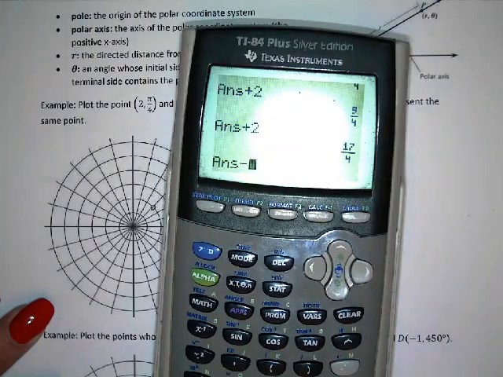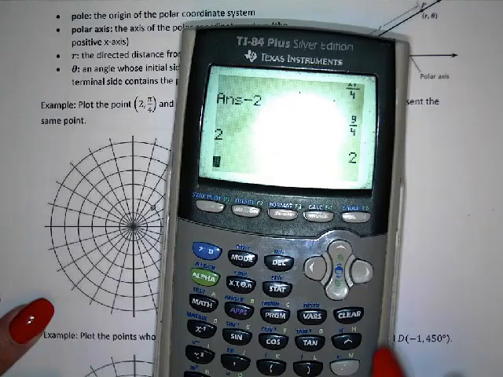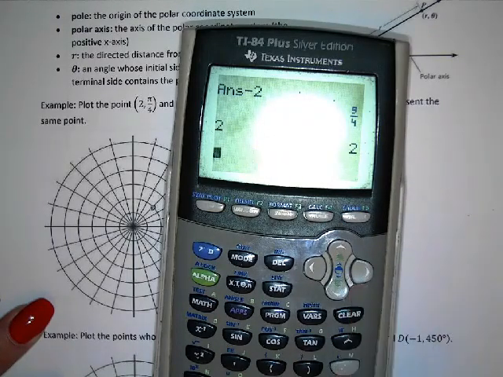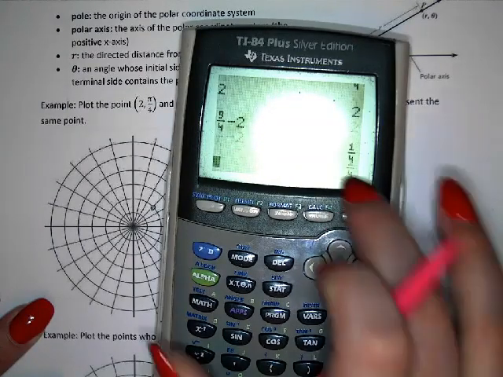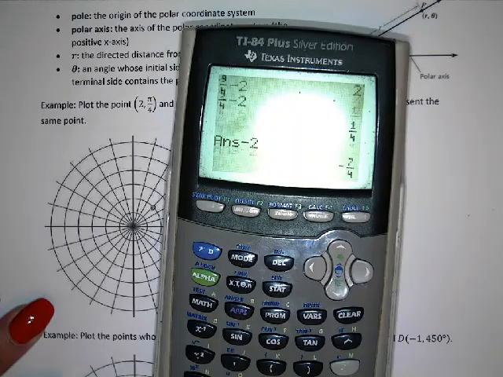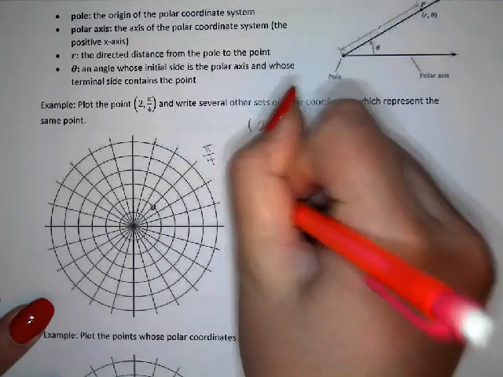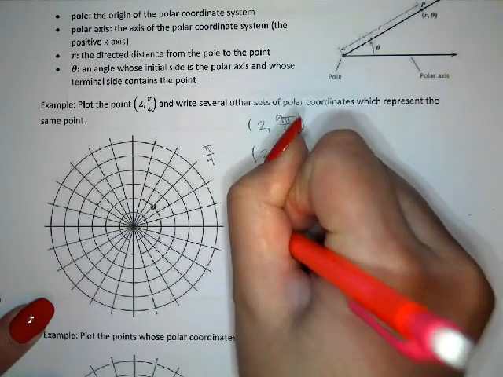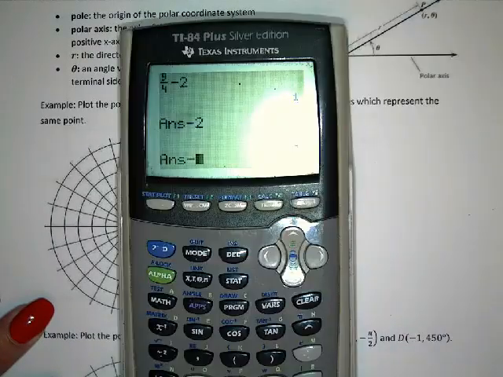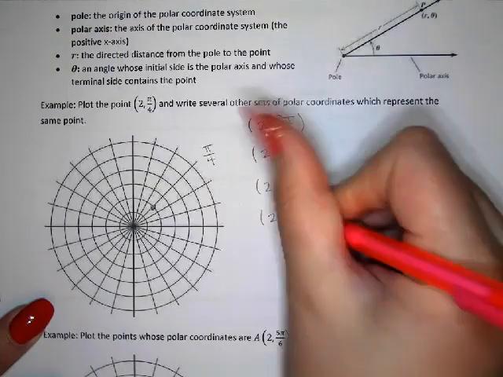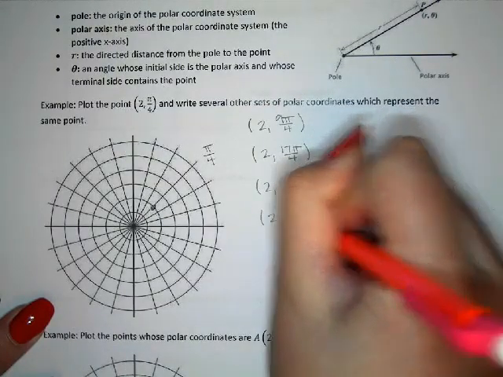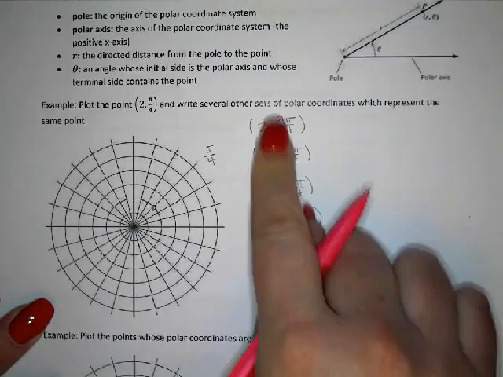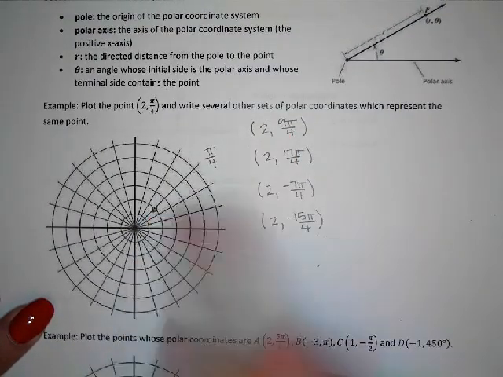I could subtract a full circle, so minus 2π. That gets me back to my original, and then I could subtract a full circle, giving negative 7π/4. And then I could subtract a full circle again, negative 15π/4. If I were to plot all of these points, they would be in the exact same position.